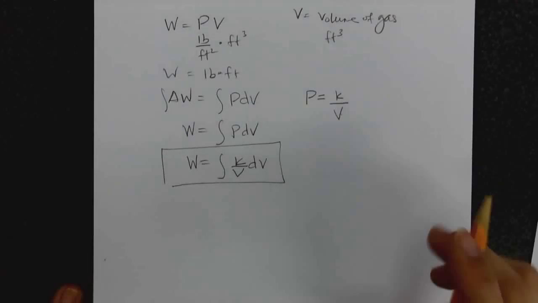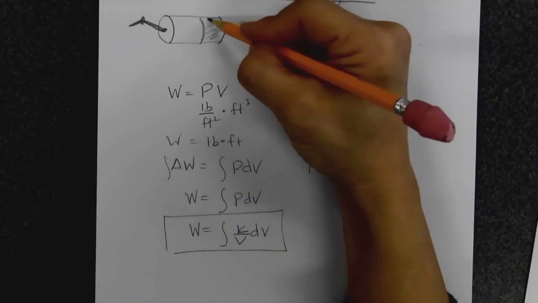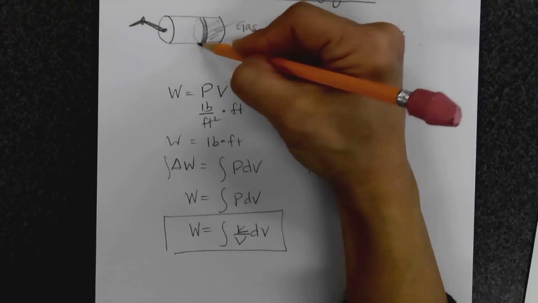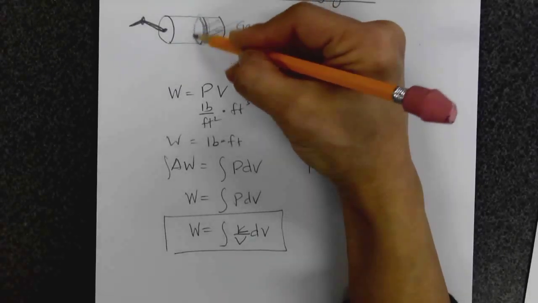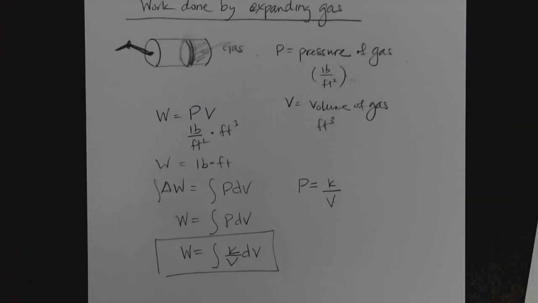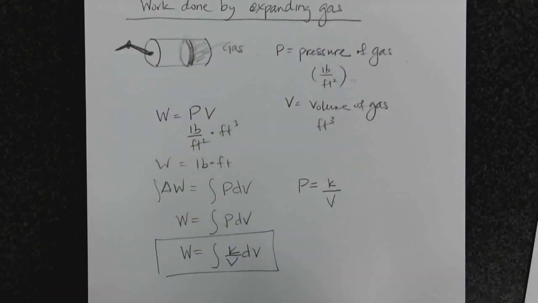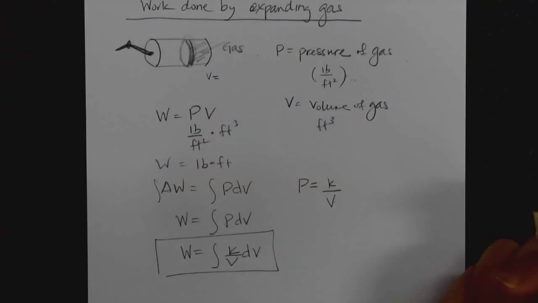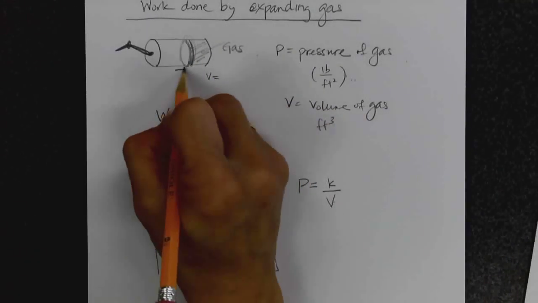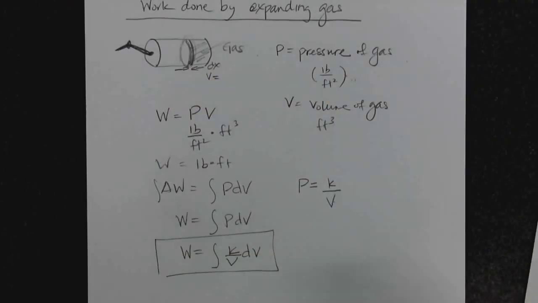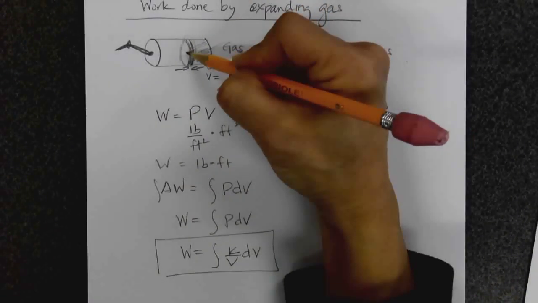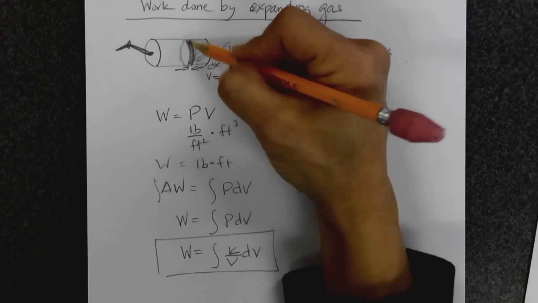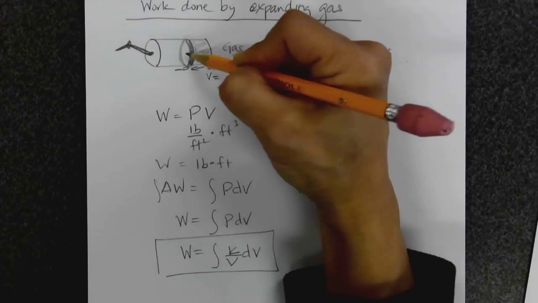So in a given cylinder, if I drew it right here, what would be the volume of that cylinder? V equals what? And this being, let's say, my dx. This is a cylinder, right? How do you find the volume of a cylinder?